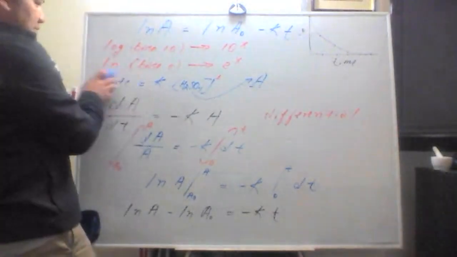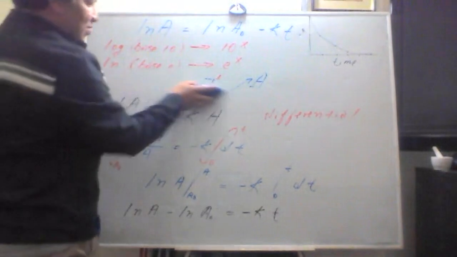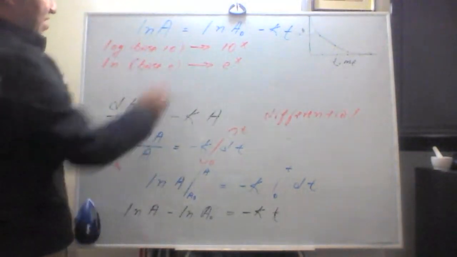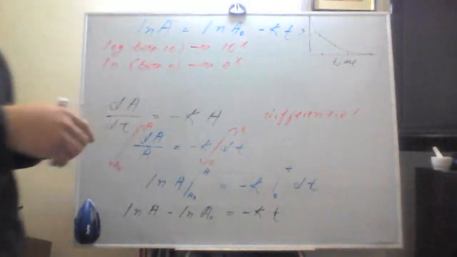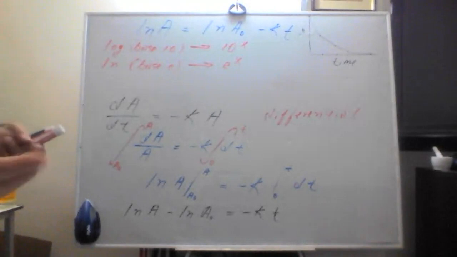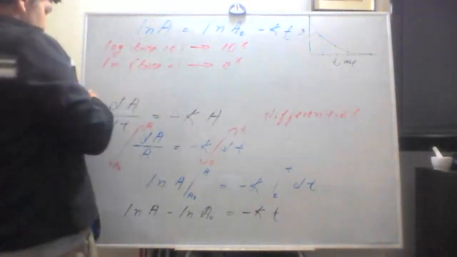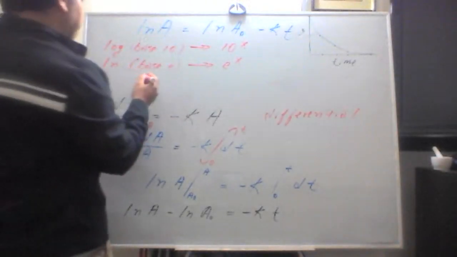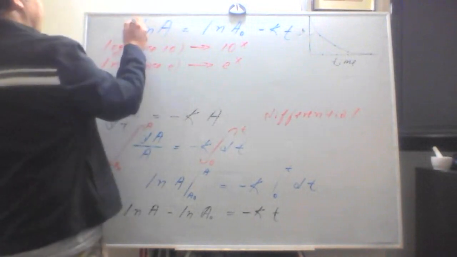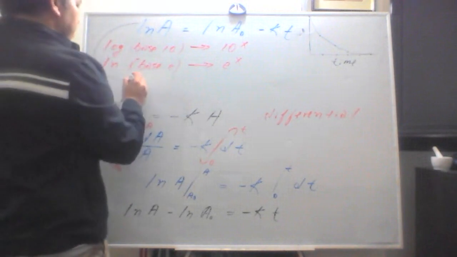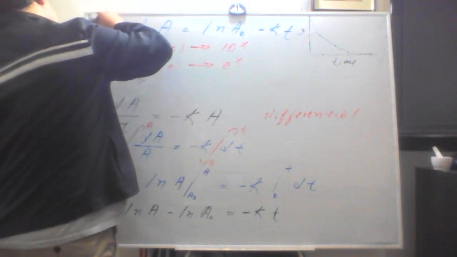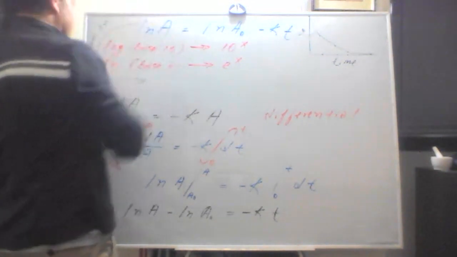So let's write that equation that we have there in another format. You want to write it in terms of the concentration, not natural logs. You will have to do the anti-log of that. So let's do that. We'll go from here and do the anti-natural log operation.